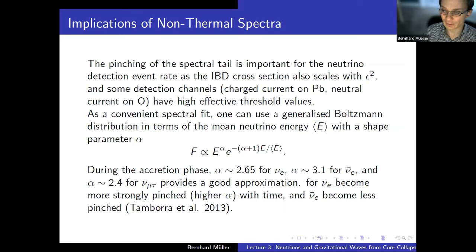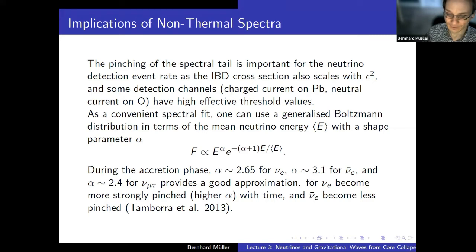An example of a reaction with a high threshold value would be charged current interactions on lead in some smaller neutrino detectors. But even for, let's say, the inverse beta decay channel in Water-Cherenkov detectors, you have the dependence of the cross-section on epsilon squared. So the shape of the spectrum and any pinching of the spectrum will matter very much.